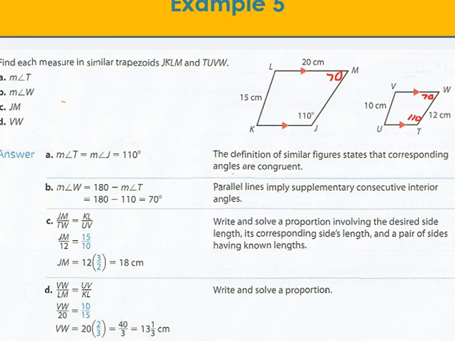All right, so now we can compare some sides, and JM, this side right here, compares to TW. Now I can't put a congruent sign there, but it is in ratio to TW.